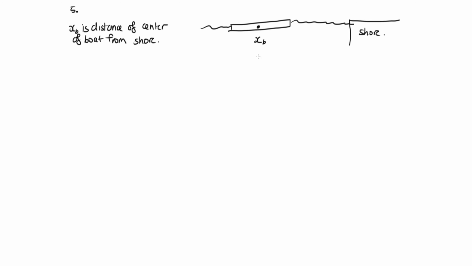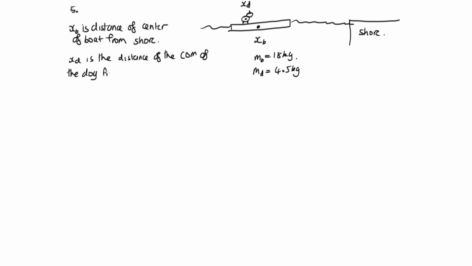And just so that we've got it written down, the mass of the boat is equal to 18 kilograms. And then on the boat we've got a dog, and the mass of the dog is equal to 4.5 kilograms. And we'll draw the center of the dog there, and we'll let xd is the distance of the center of mass of the dog from the shore.